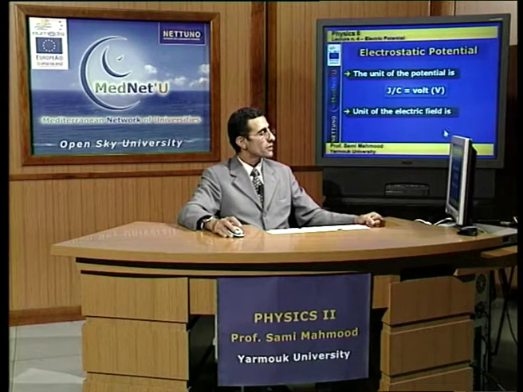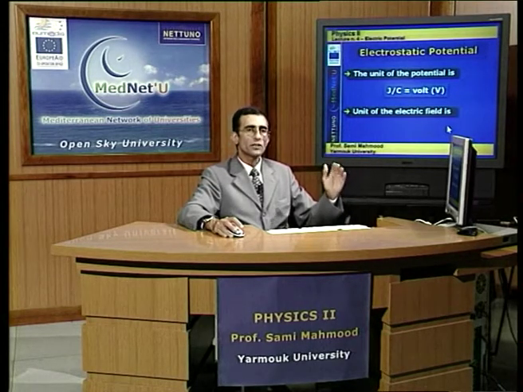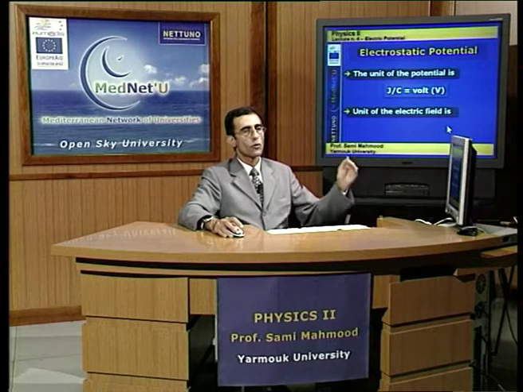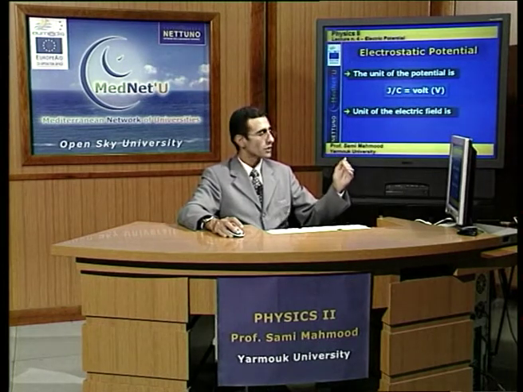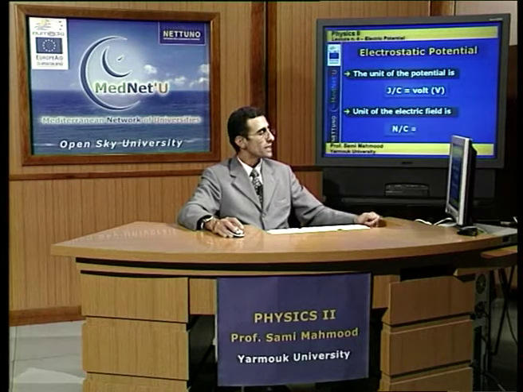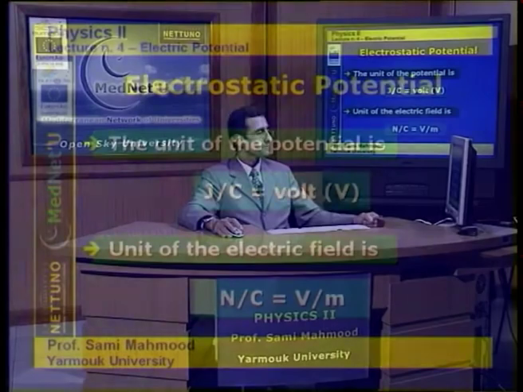And the unit of the electric field can be defined in terms of the force, as force per charge, or in terms of the voltage, volt per meter. So it could be Newton per coulomb or volt per meter.